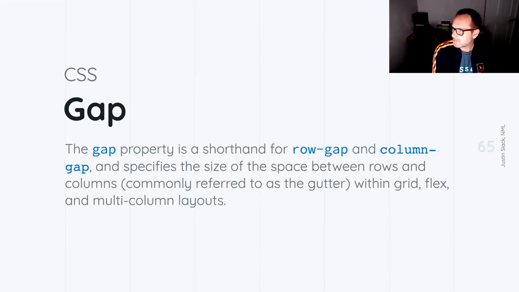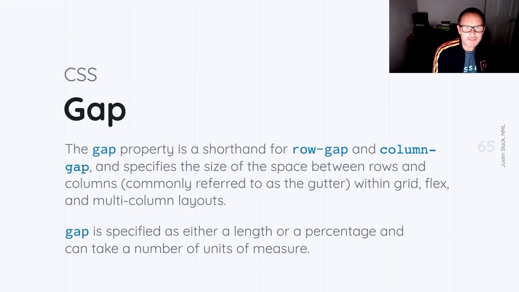Again, I'll show some examples of this. And gap is specified as either a length or a percentage, and it can take a number of units of measure. Okay, so I'll show some examples of this. And gap will also come to block elements at some point. So we will start getting away from using margins for spacing, which can only be a good thing.